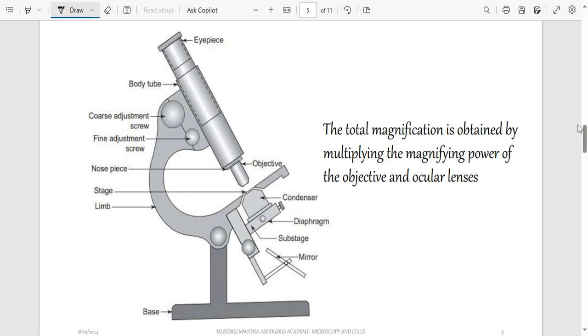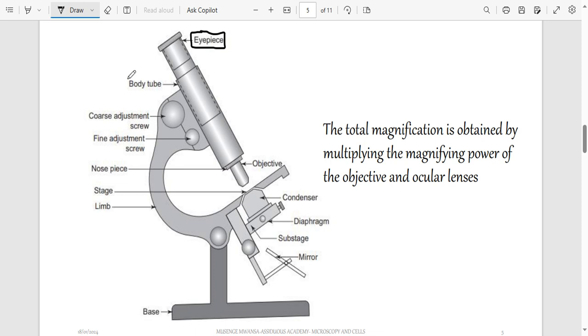So it's important to understand the parts of a microscope and also just their general functions. A compound microscope we are describing here is going to have the eyepiece where you are going to be able to place your eye. So the eyepiece is also necessary in making sure that the object is magnified, the object becomes big so that you can be able to see it.